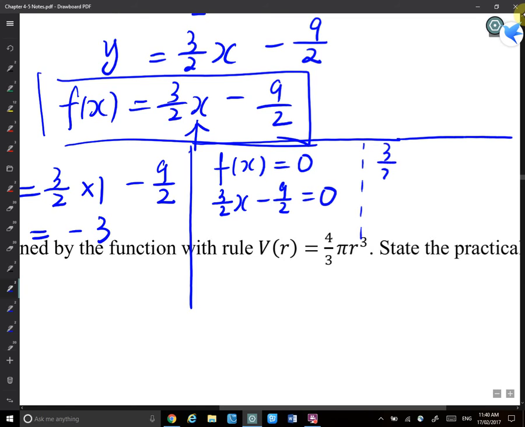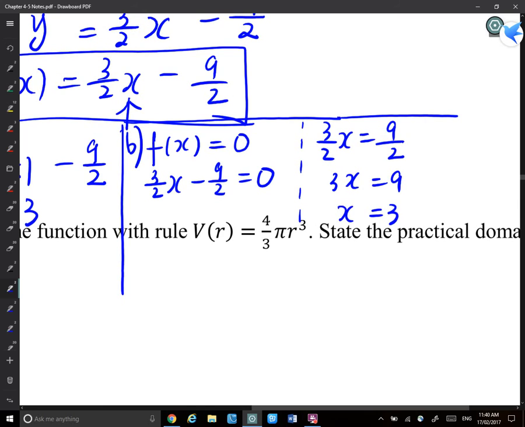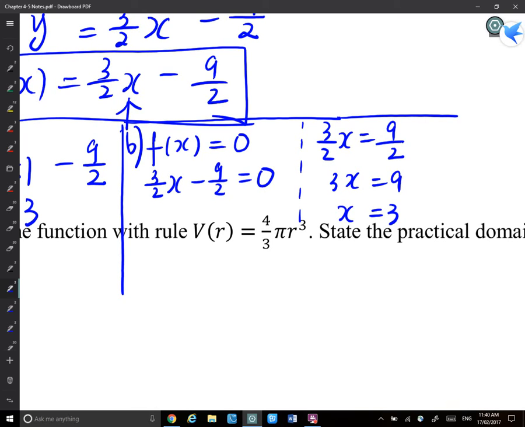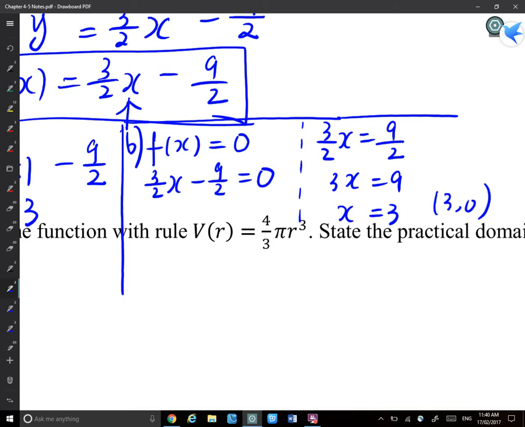So 3 over 2 x equals 9 over 2. 3x equals 9, x equals 3. So solving the equation basically means solving f(x) equals 0, and you solve out x equals 3 as the solution. And also that is the x-intercept, because y equals 0 when x equals 3. So (3, 0).